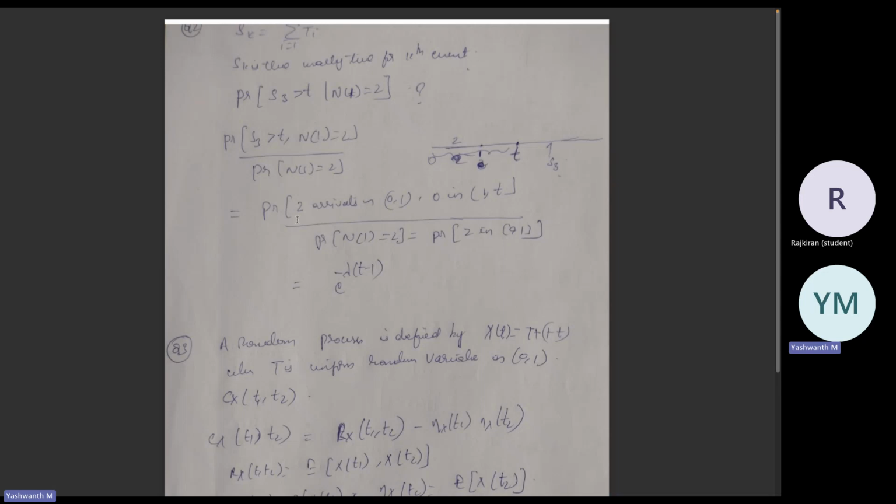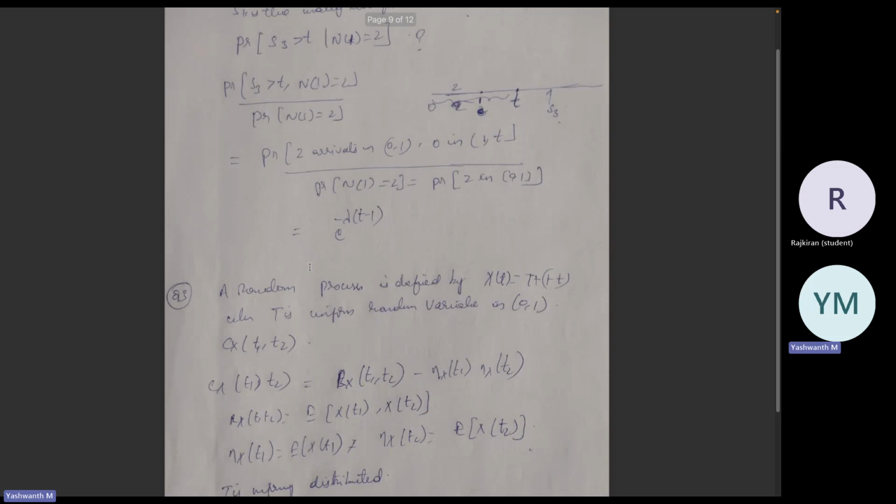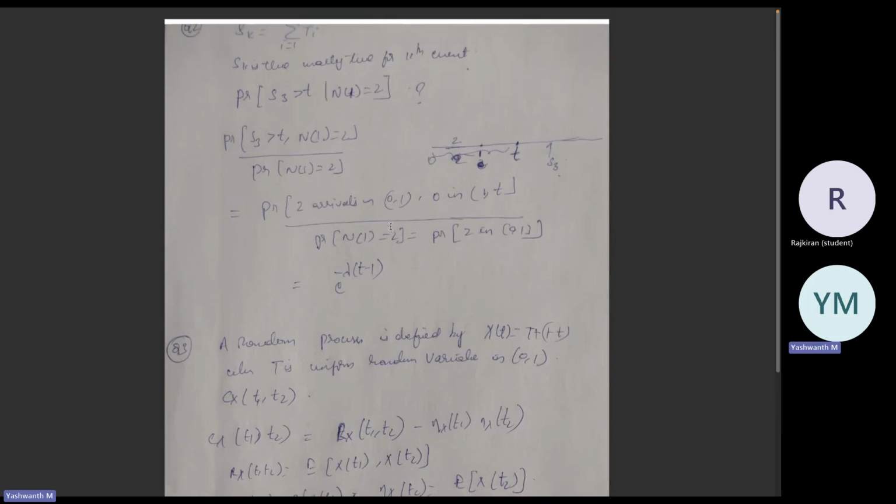The arrivals within these disjoint intervals are independent, so that's why this cancels with this. 2 arrivals in 0 to 1, 2 arrivals in 0 to 1. All you are left with is 0 arrivals in 1 to t, which is nothing but e to the power minus lambda (t minus 1). These all follow from the definitions. Okay, clear?